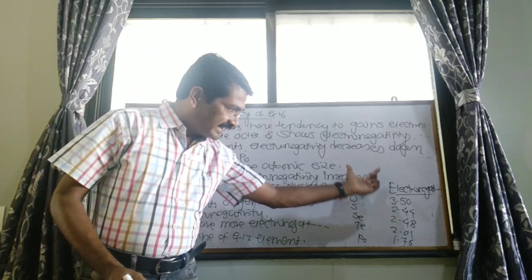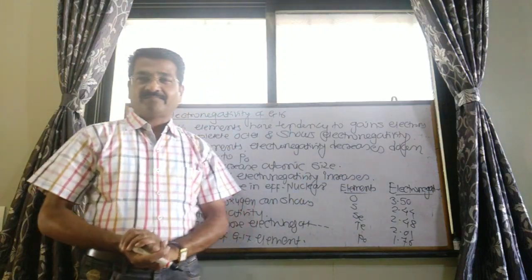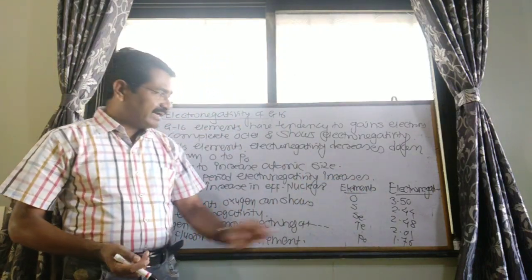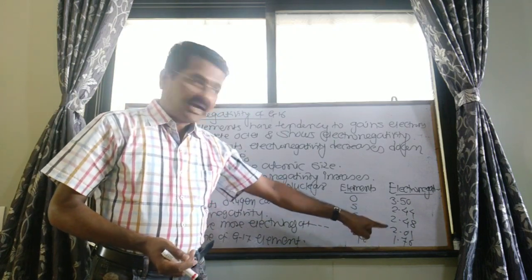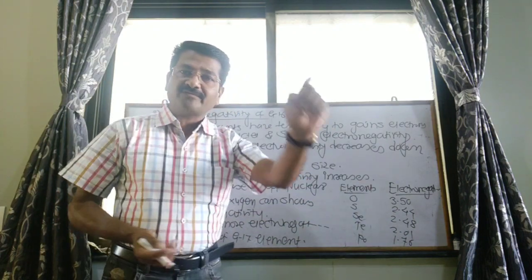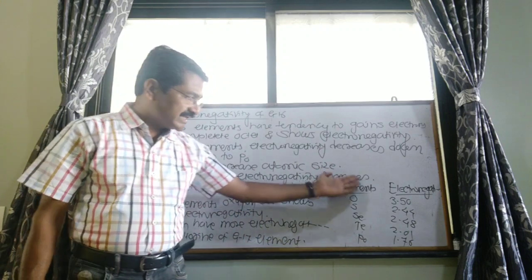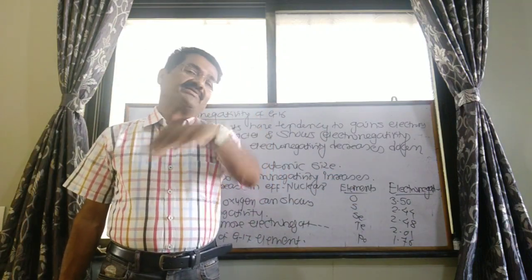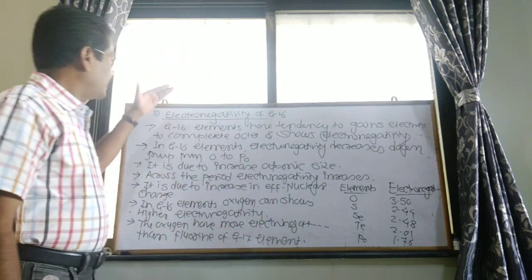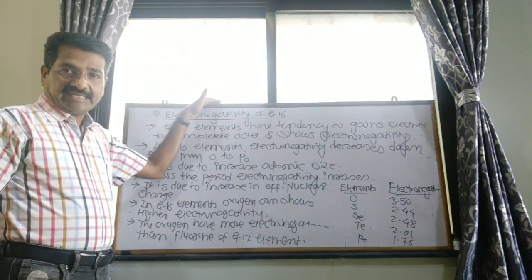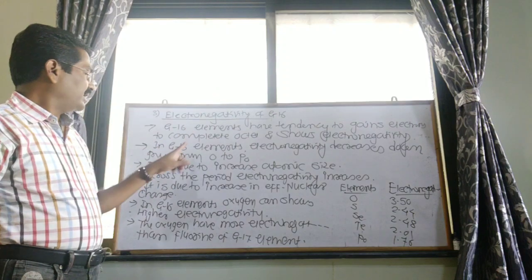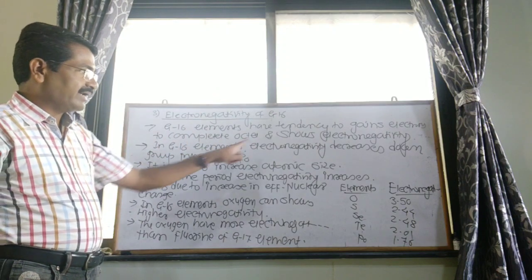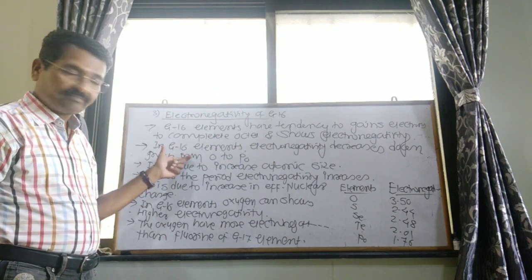What does this mean? This table shows that the electronegativity of G16 elements decreases. The highest electronegativity is oxygen's 3.5 and the lowest is polonium's 1.76. So this is the electronegativity of G16 elements. What is the trend? In G16 elements, electronegativity decreases down the group.